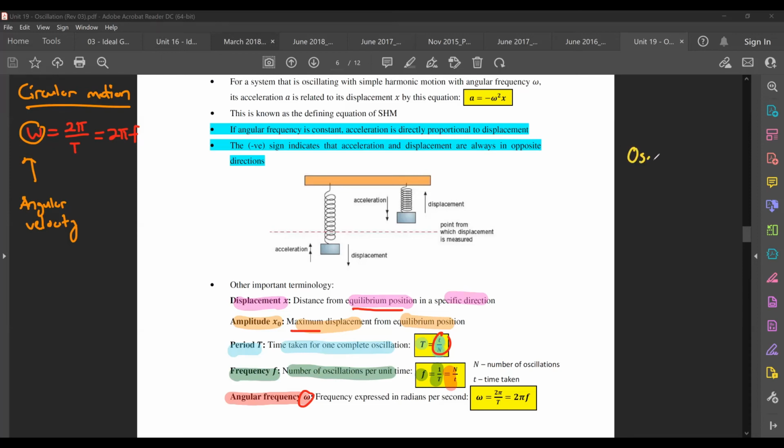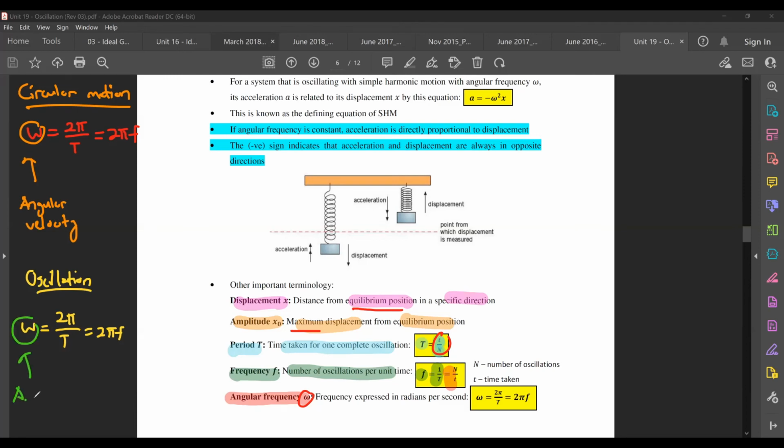Okay. Now, in the oscillation chapter, you are seeing the same equation again, 2 pi over T equals 2 pi f. But the omega now doesn't refer to angular velocity. It instead refers to something else that is entirely different.